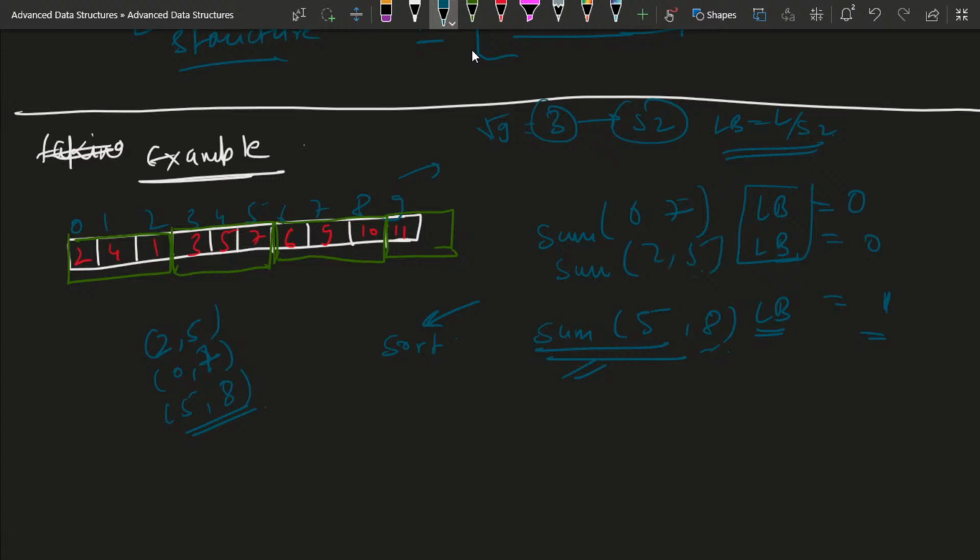Now if you sort this, as the left block is the same for these two values, we are going to sort on the basis of the right limit. So 2 to 5 is going to come first, and 0 to 7 is going to move to the second position. Initially I had already taken the sorted order, so you wouldn't understand it, so that's why I have swapped these two queries, and then this query is going to move to this point. Now what we are going to do is, initially both the pointers would be at -1.